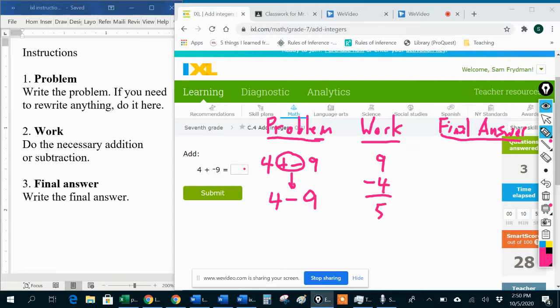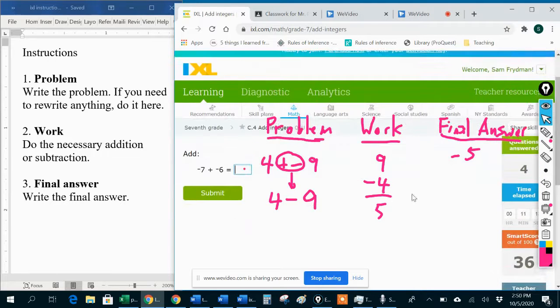So that part is fine, but then you just have to remember to make the answer negative. If you're taking a bigger number away from a smaller one, the answer is going to be negative. So negative 5 there. Again, on a number line, you can think about it. If you start at 4 and move to the left 9 spaces, you would end up at negative 5, right?